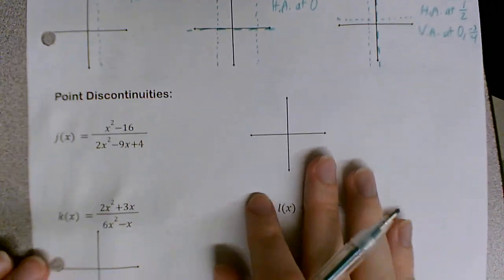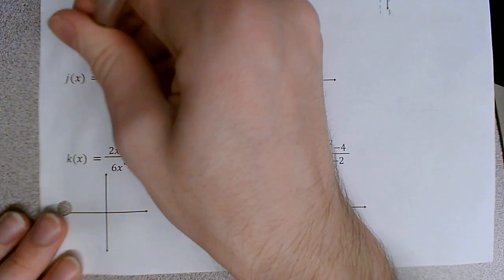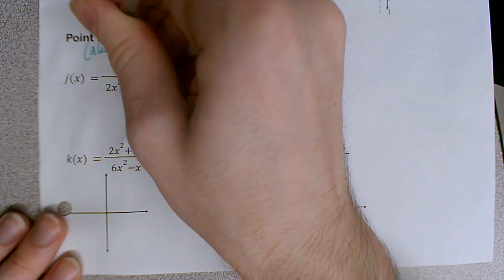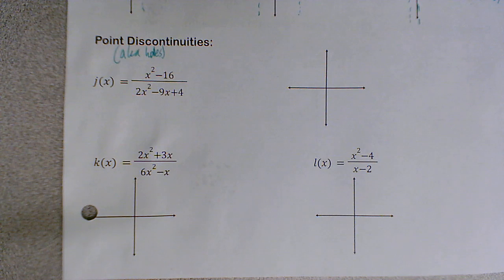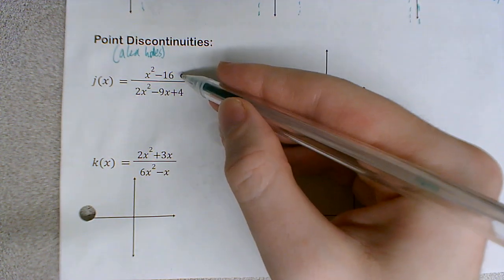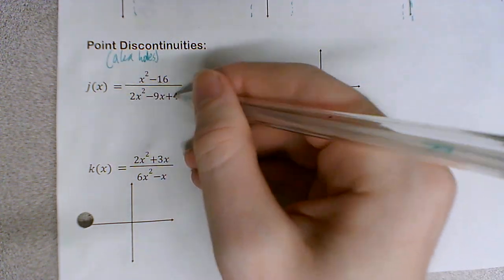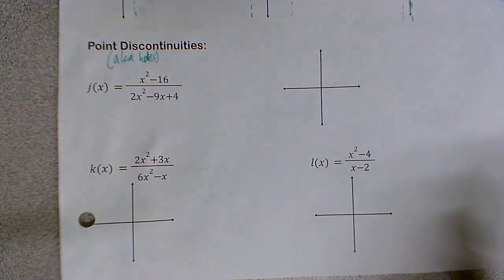For the next part is point discontinuities. Point discontinuities are also called holes. H-O-L-E-S, holes. All right, this is where the numerator comes into play. Because there are places where the denominator equals 0, where the numerator also equals 0, and that causes some issues.